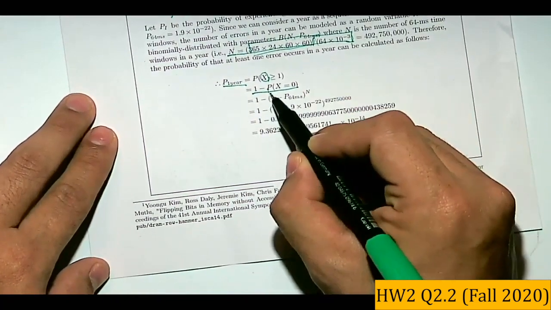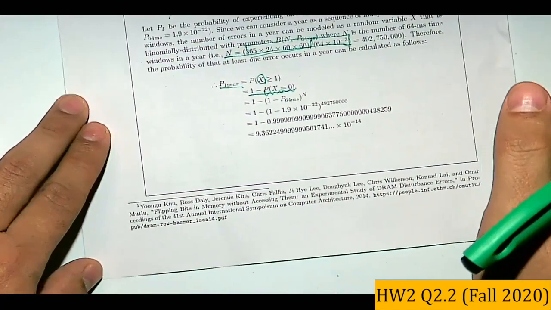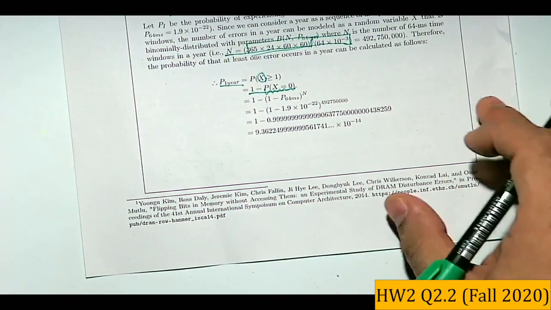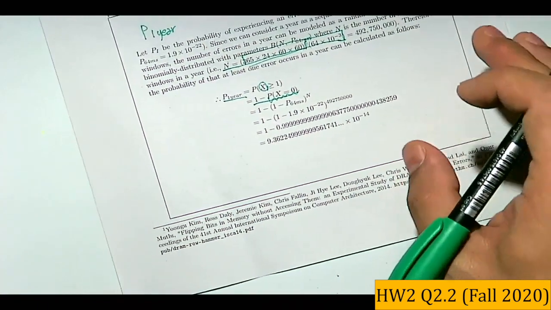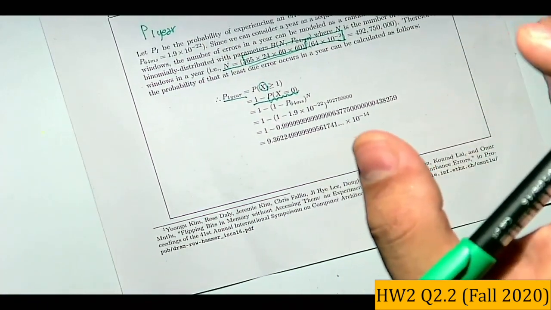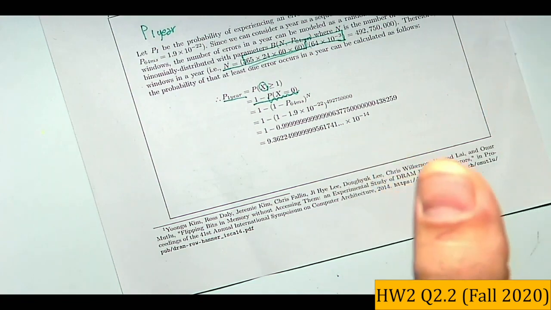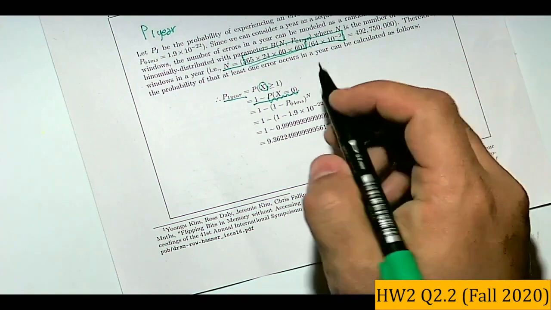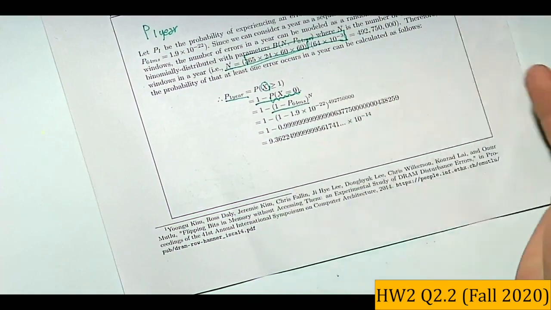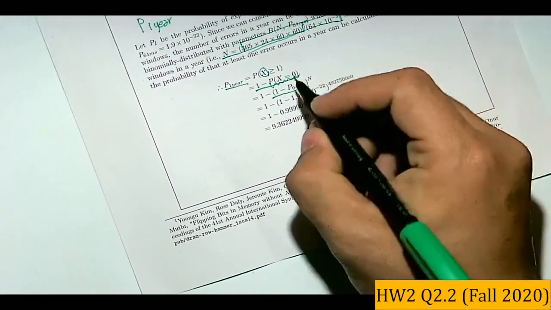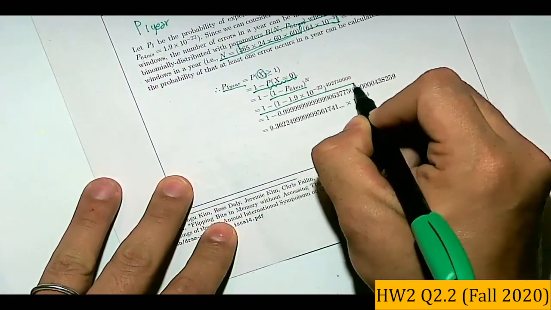And in a binomial distribution, the probability that the event never occurs is simply the per-interval probability multiplied n times, and the final answer should be like this.